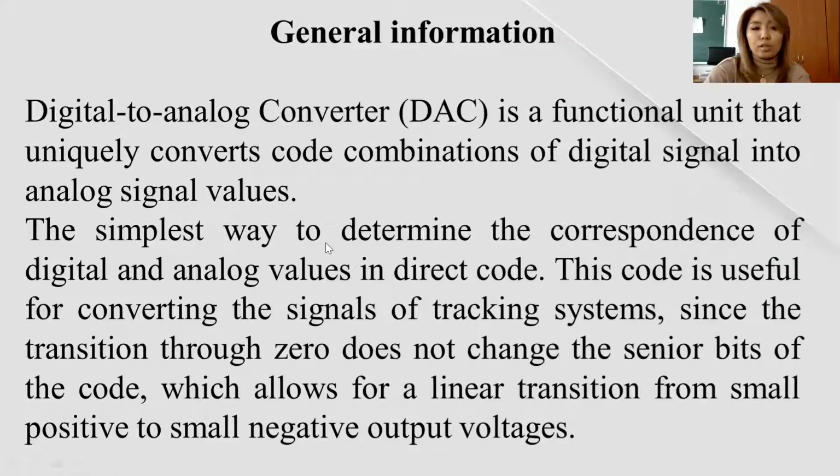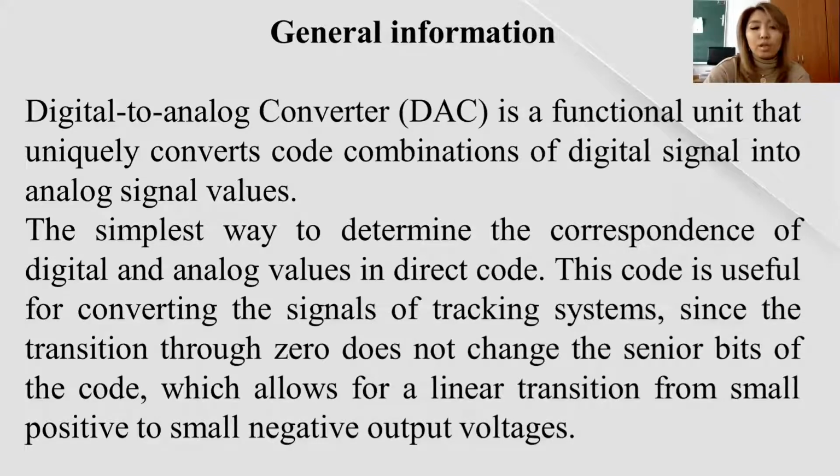General information. What is the DAC? DAC is a digital to analog converter, a functional unit that uniquely converts a code combination of digital signals into analog signal values. The simplest way to determine the correspondence of digital and analog values is direct code.